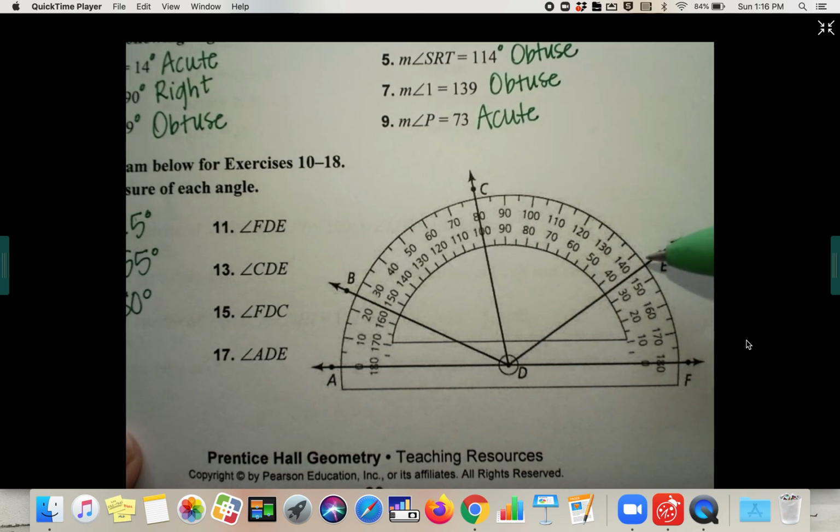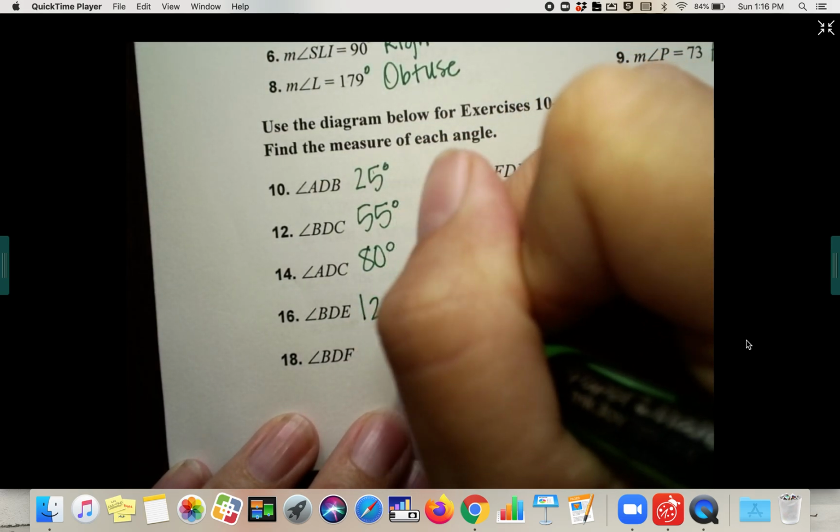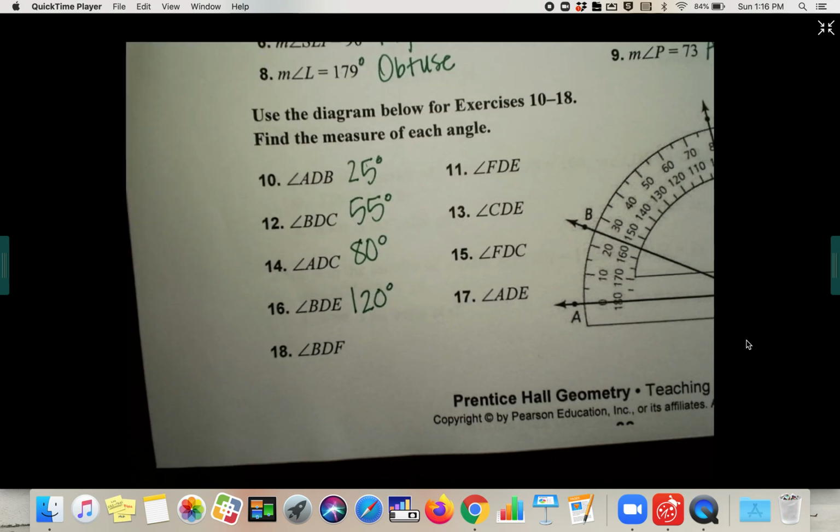So 25 to 145 is 80. No, I lied. What is that? 25, 100, it'd be 120. If you're not sure, just subtract. So we've got 145 minus our 25. Let's just double check that. 120. So 120 degrees.